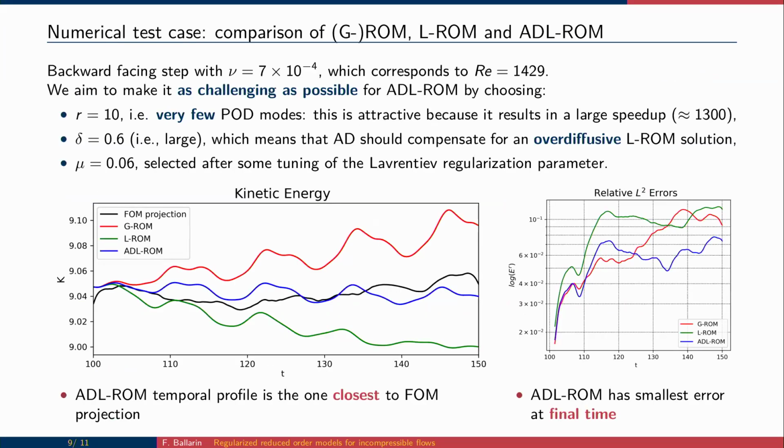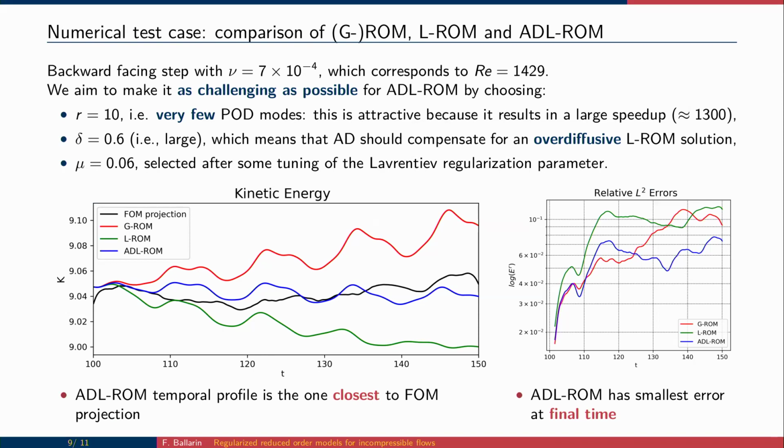So to compare the 3 different reduced models, we started with a 2-dimensional case on a backward-facing step, and I will focus only on the plot on the left, in which on the horizontal axis you have time, on the vertical axis you have the kinetic energy.